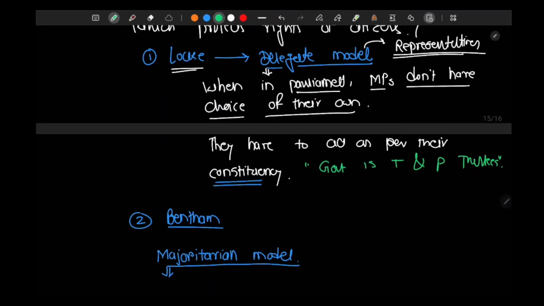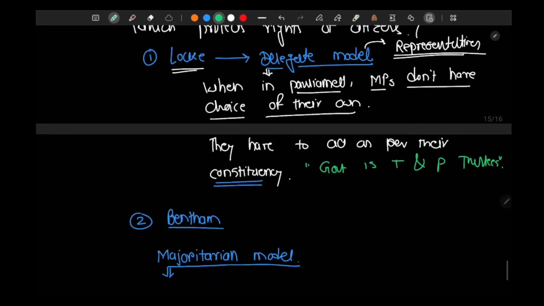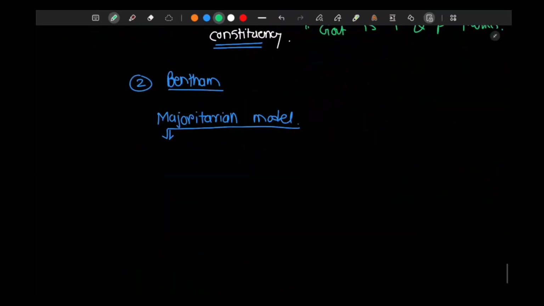The second model of the protective model was given by Bentham, the majoritarian model.